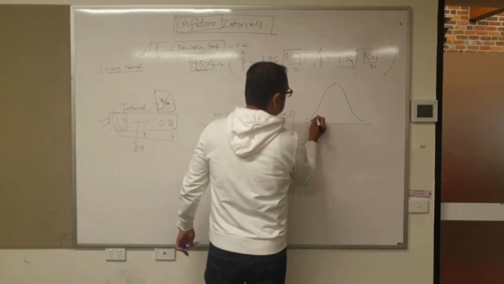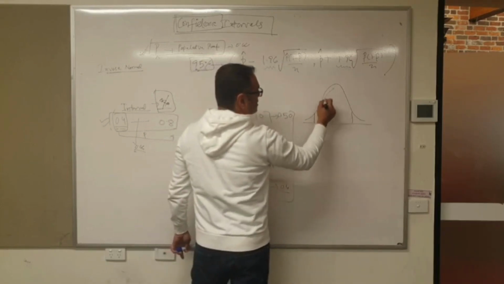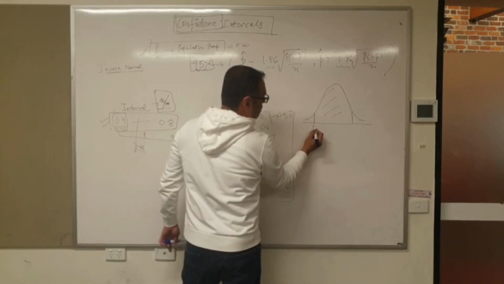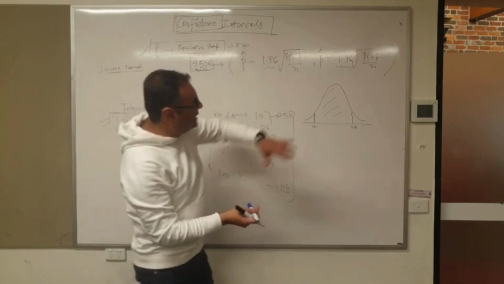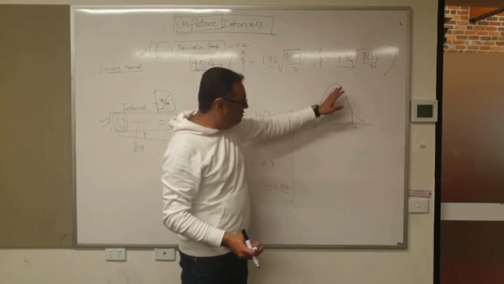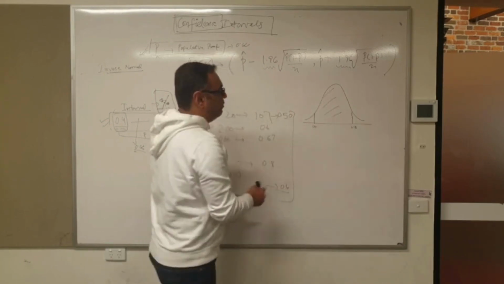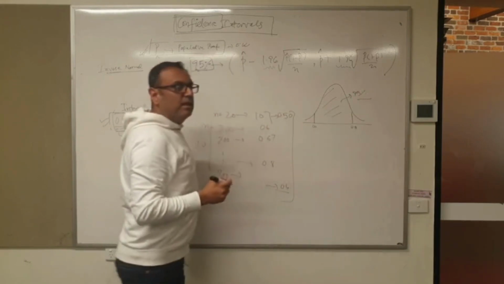So that means I'm talking about something like this, where this is the lower bound and that's the upper bound of the 95%. So that's the area under the graph for 95%. My population proportion will sit somewhere within. Now, if this is 95%, how much is this?